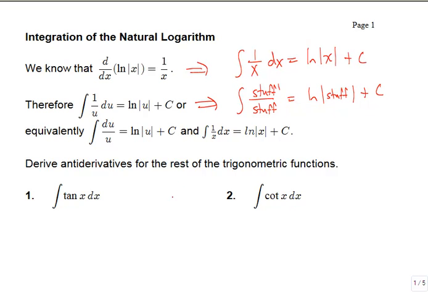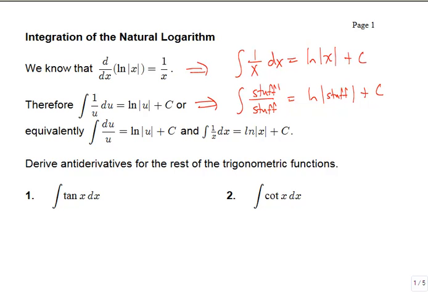Now we're also going to talk about in this lecture some derivatives and antiderivatives of some trig functions. We know a few integrals of trig functions, like for example we know the integral of sine and the integral of cosine. We know the integral of secant x tan x or cosecant x cotangent x, and we know the integral of secant squared x and the integral of cosecant squared x.